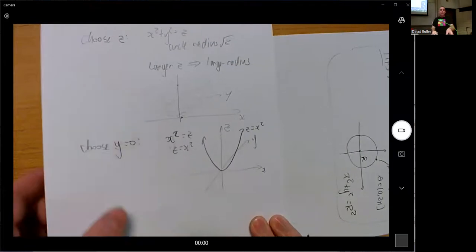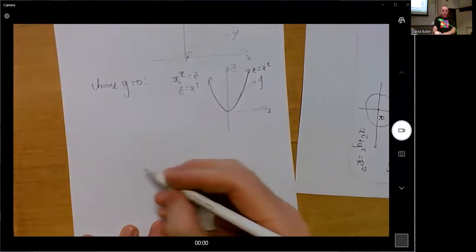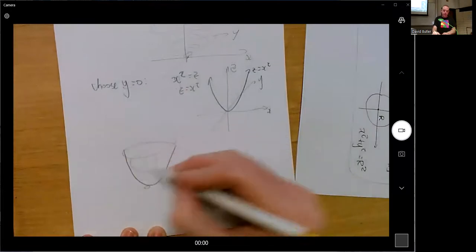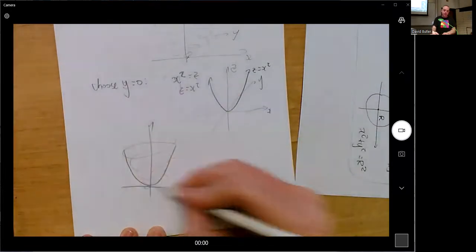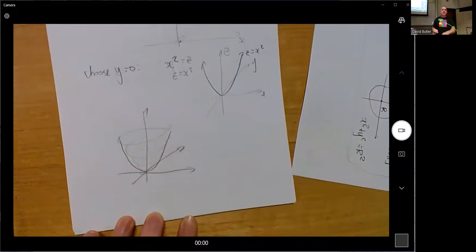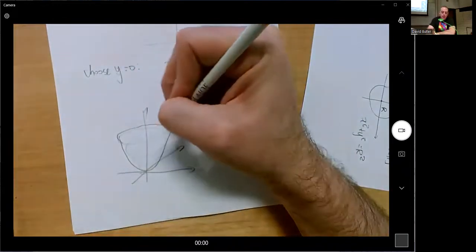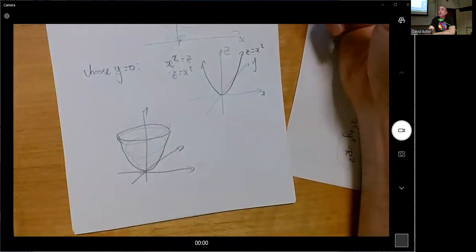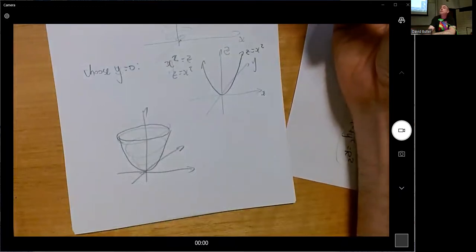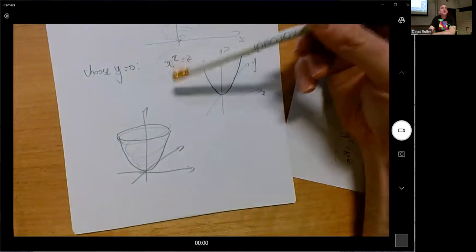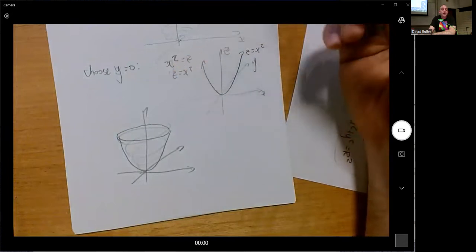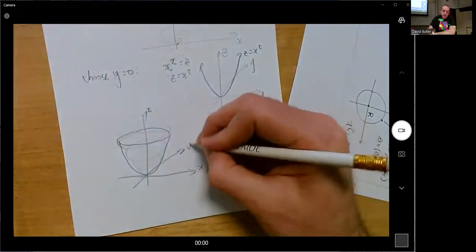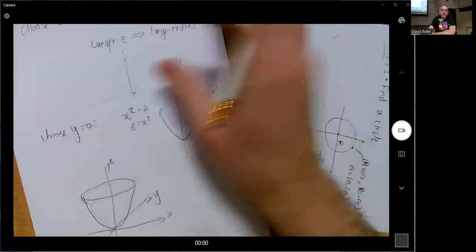It's actually a parabolic bowl. Something like that. And the z is naturally greater than or equal to 0 because of the z being equal to x squared. And the top here is when z is equal to 4.